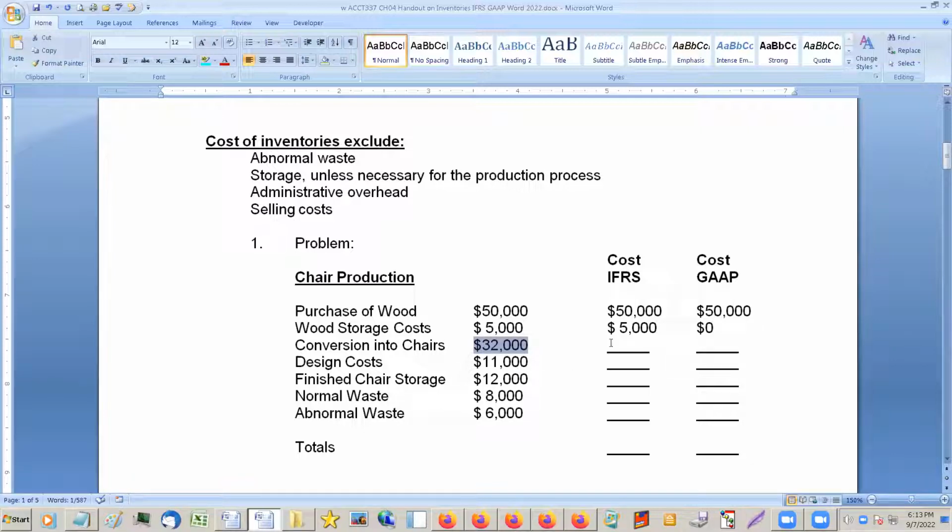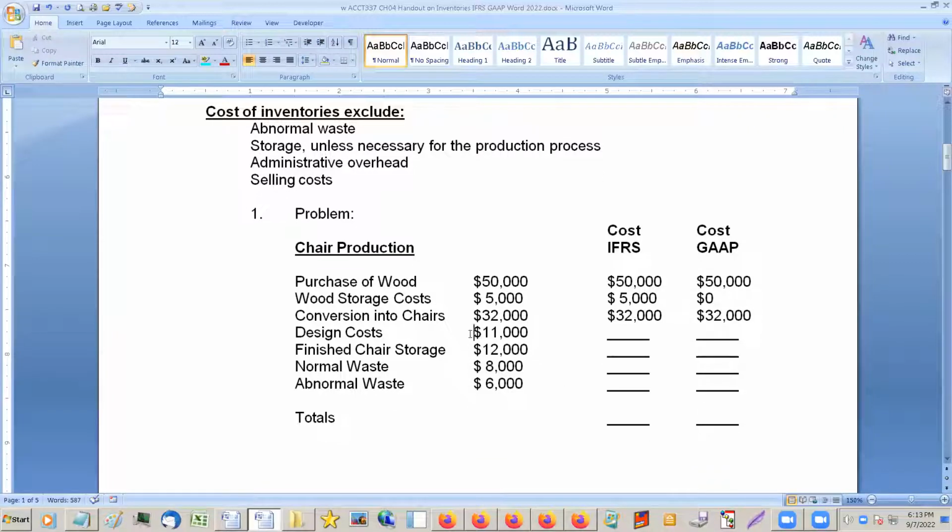Conversion costs into chairs. Design cost. Allowed and not allowed. Let me change this up here.